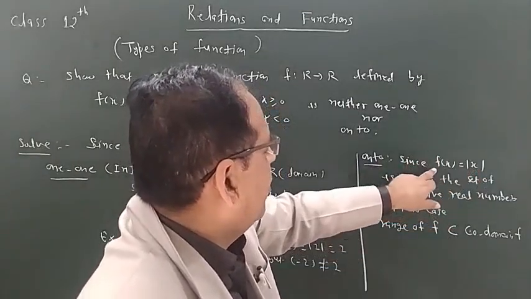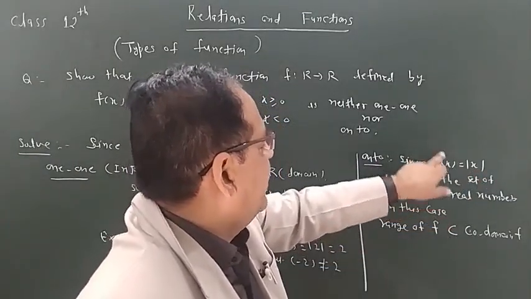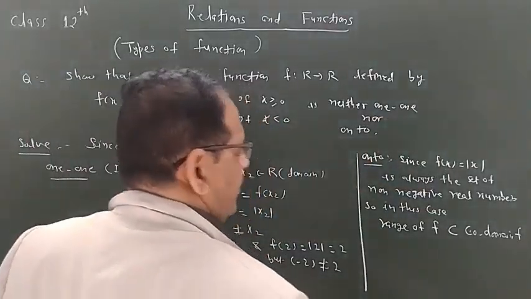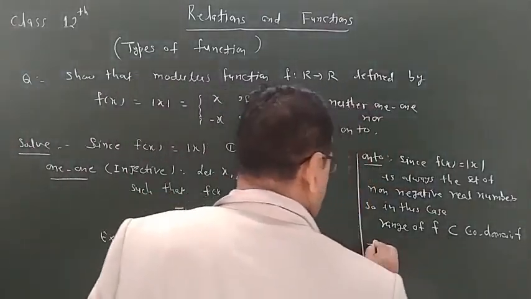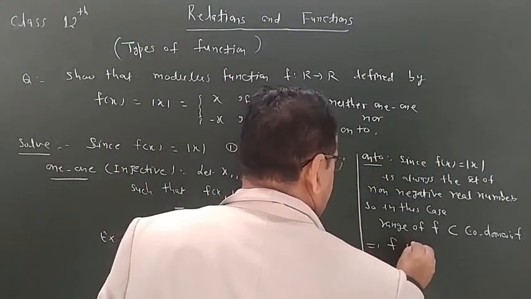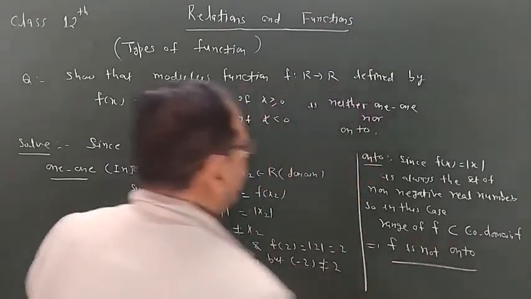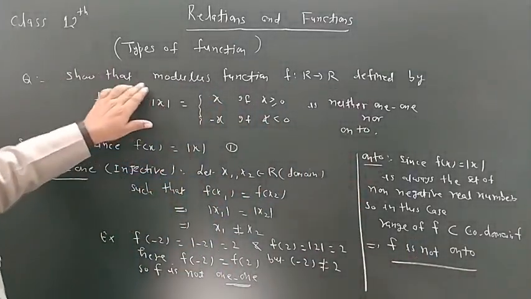That means negative real numbers are not the image of any element of the domain. So this implies that f is not onto.